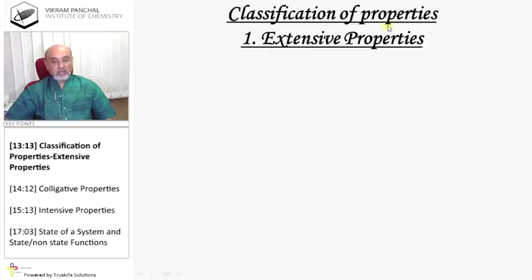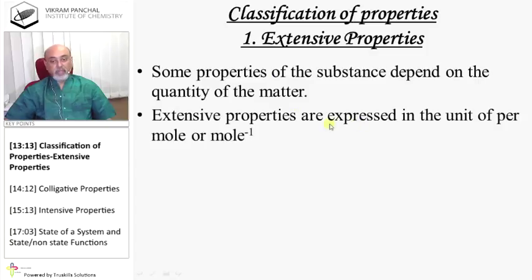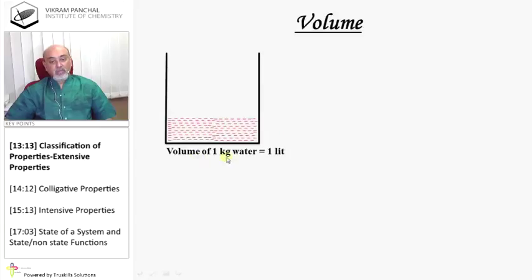Classification of properties. Extensive properties. Some properties of substance depend on quantity of the matter, known as extensive properties. Extensive properties are expressed in the unit of per mole or mole inverse. Volume. Volume of 1 kilogram of water is equal to 1 liter.